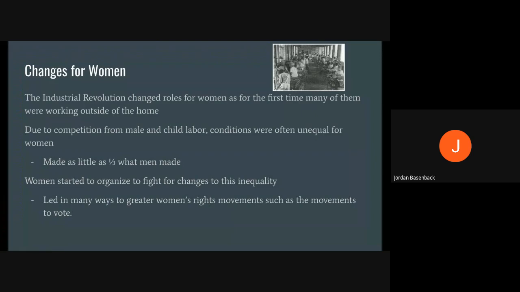But we're seeing more and more women start to fight for their rights, first in labor movements, but then also to fight for equal rights in society as a whole. And so we start to see the movement for the right to vote happen in many countries, including our own, and finally happen about 100 years ago.